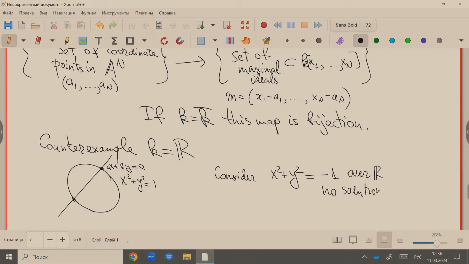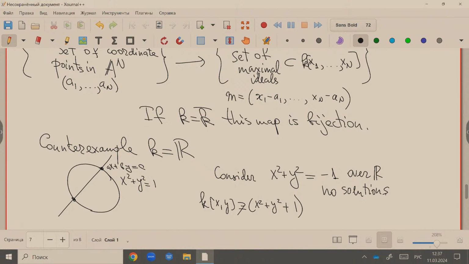At the same time, this is the ideal generated by one equation, and you have a strict inclusion, so it's not the whole algebra.